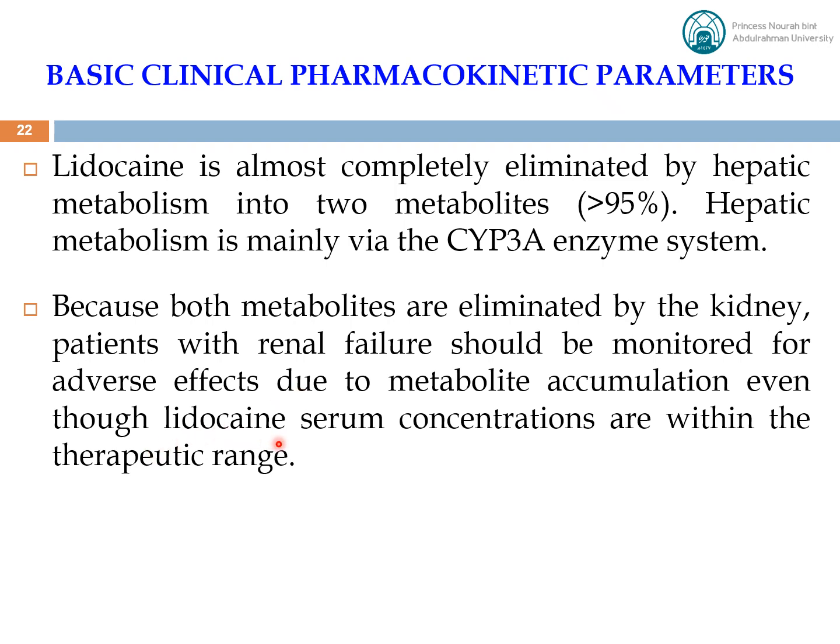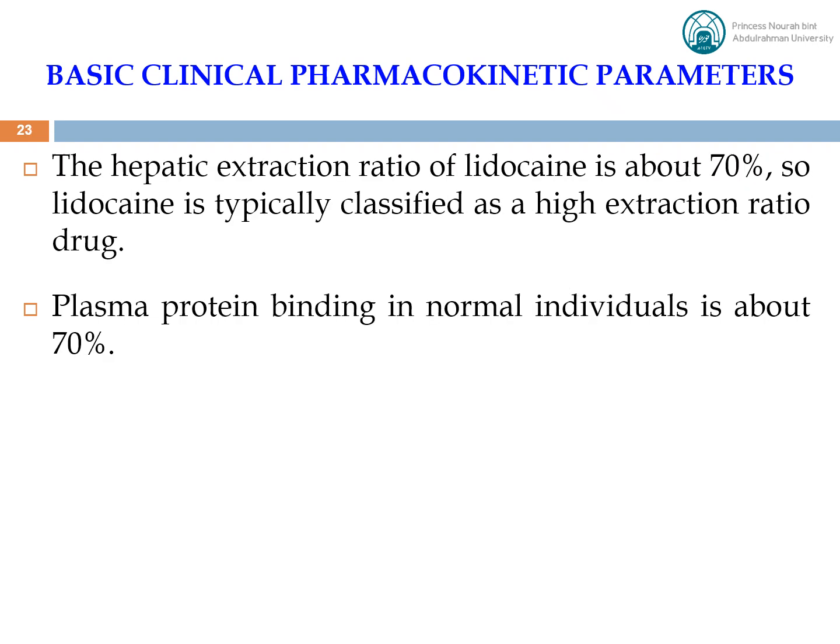Even though lidocaine serum concentrations are within the therapeutic range, we should monitor patients with renal failure because metabolite accumulation will result in severe adverse effects. Now, the hepatic extraction ratio for lidocaine is relatively high, around 70%, so lidocaine is typically classified as a high extraction ratio drug.